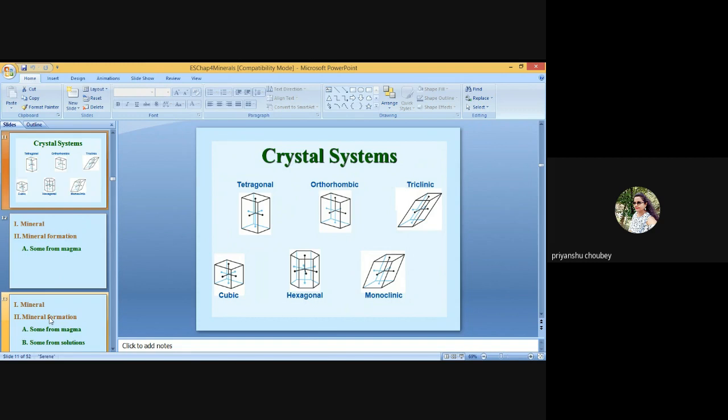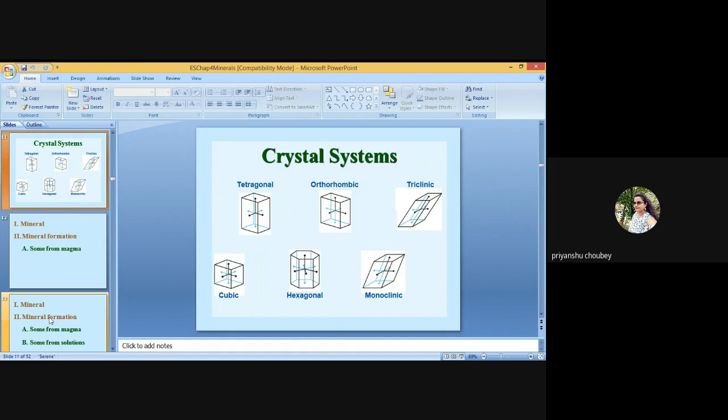If we calculate the total positive charge of the cations and the total negative charge of the anions in the unit cell: for cations, 4 aluminium is 4 into 3, totally 12, and 4 silicon is 4 into 4, 16.